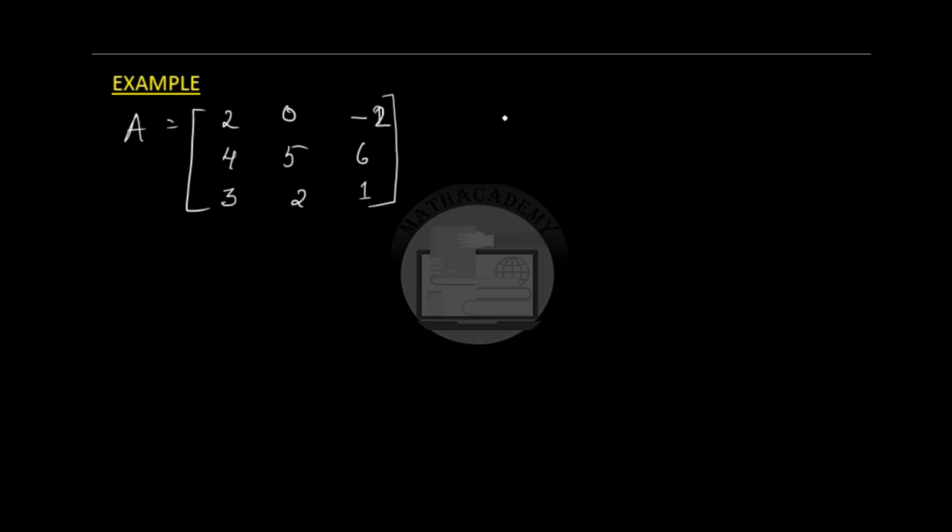Okay, so I get a matrix B by interchanging the rows of A. So I interchange row 1 with row 3. So I'll get 3, 2, 1, 2, 0, minus 2, 4, 5, 6.